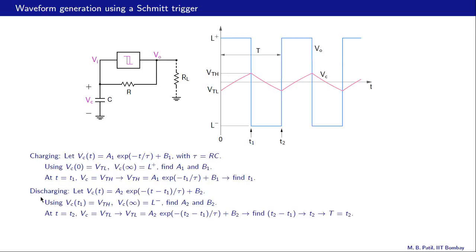Let us now look at the discharging transient, this part. At t equal to T1, the capacitor voltage is equal to VTH, and then it starts decreasing, and it would have gone all the way to L minus as t tends to infinity.